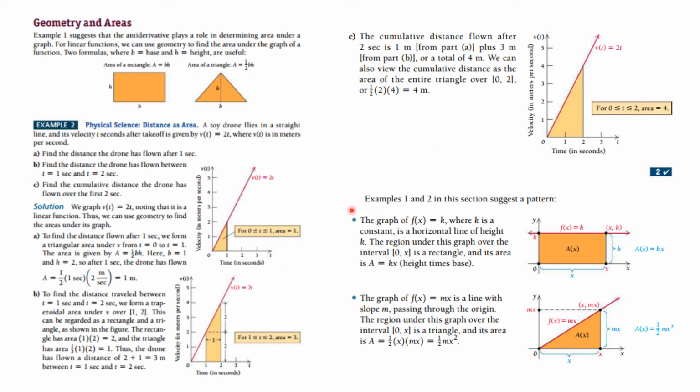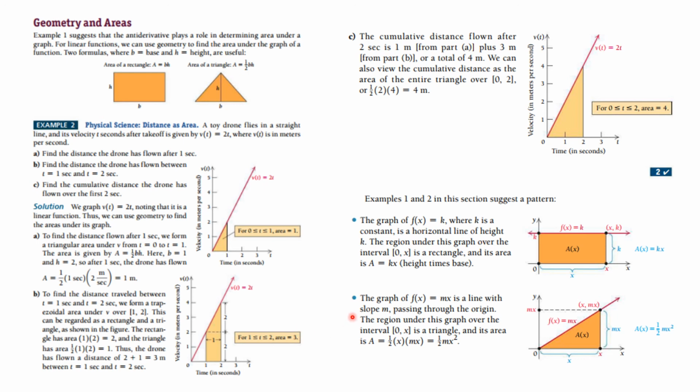Now if we take these two examples in this section, it suggests a pattern. If you have a function that is flat, f of x equals a constant k, then the area accumulated as you go across is k times x.